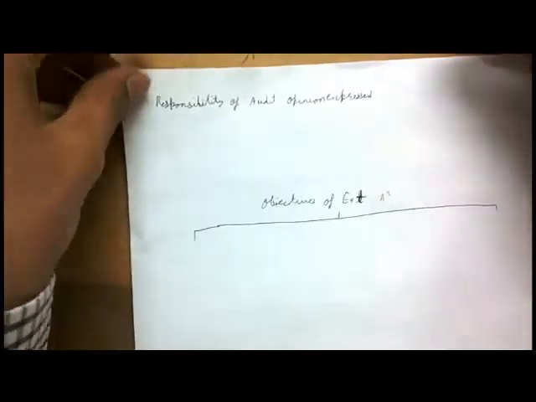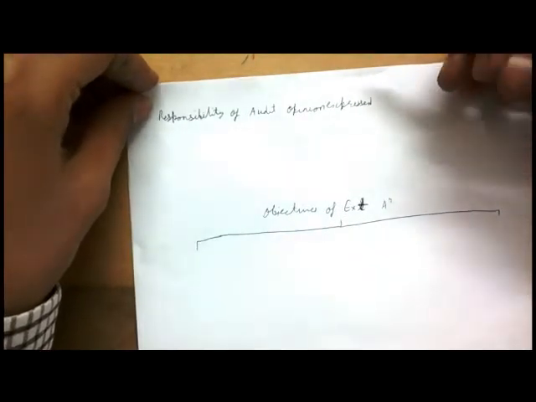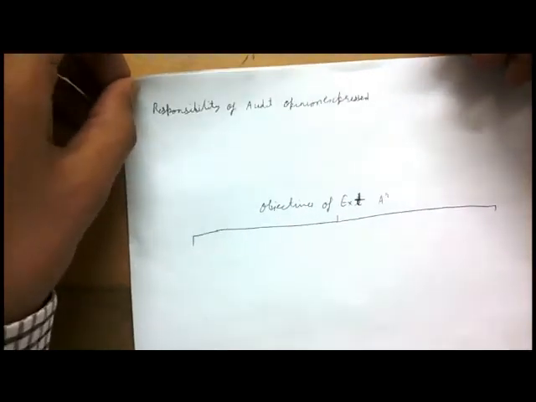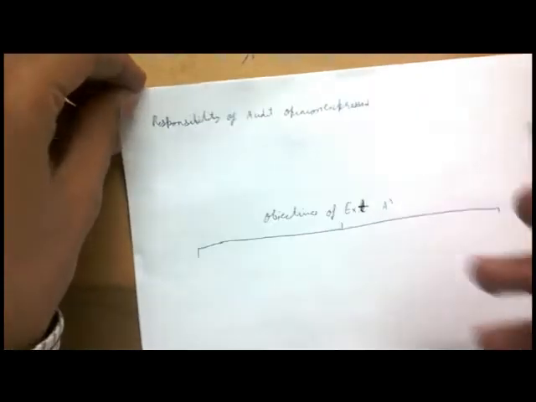Now we have the responsibility of the audit opinion expressed. In this case, the external auditor is solely responsible for the audit opinion expressed. His responsibility is not going to be reduced because he's using the work of the internal auditor. He's the only person who is going to be responsible.